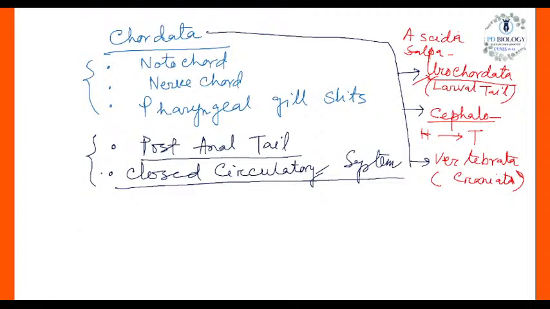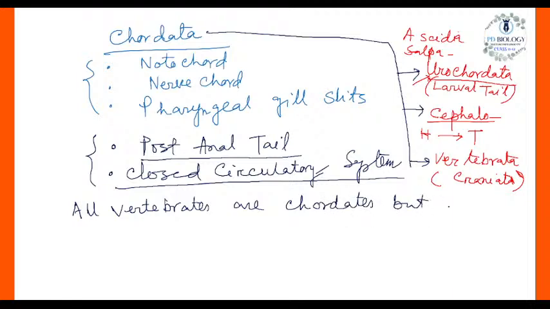So from this point we can say that all vertebrates are chordates, but all chordates are not vertebrates.